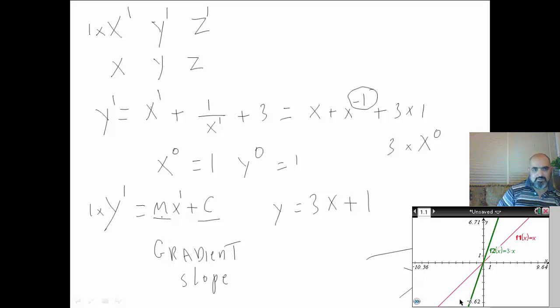So the bigger this number, the faster it rises. The simplest equation is y equals x, which means m equals 1 and c equals 0. This will be a straight line passing through the origin. Imagine this is a straight line. I'll try in the future to use a ruler.